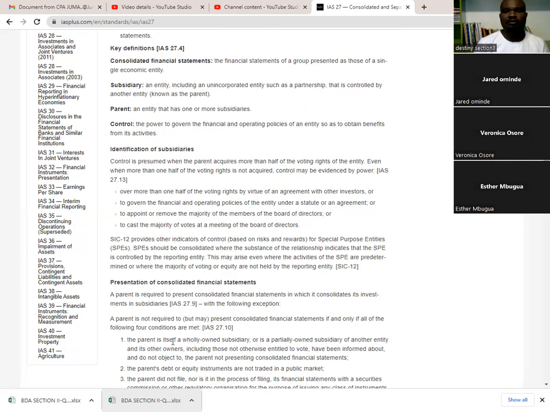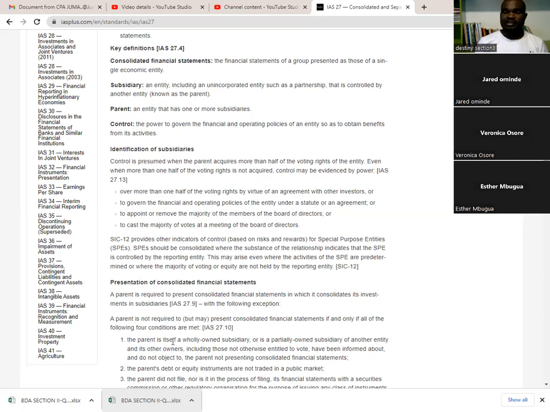Even when more than one half of the voting rights is not acquired, control may be evidenced by power over more than one half of the voting rights by virtue of agreement with other investors, to govern the financial and operating policies of an entity under the statute or agreement, to appoint or remove the majority of the members of the board of directors, and to cast the majority of votes at a meeting of the board of directors.